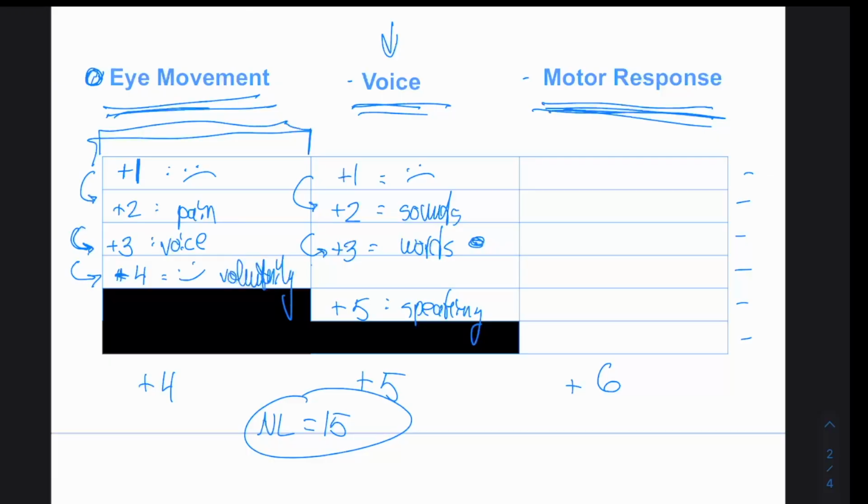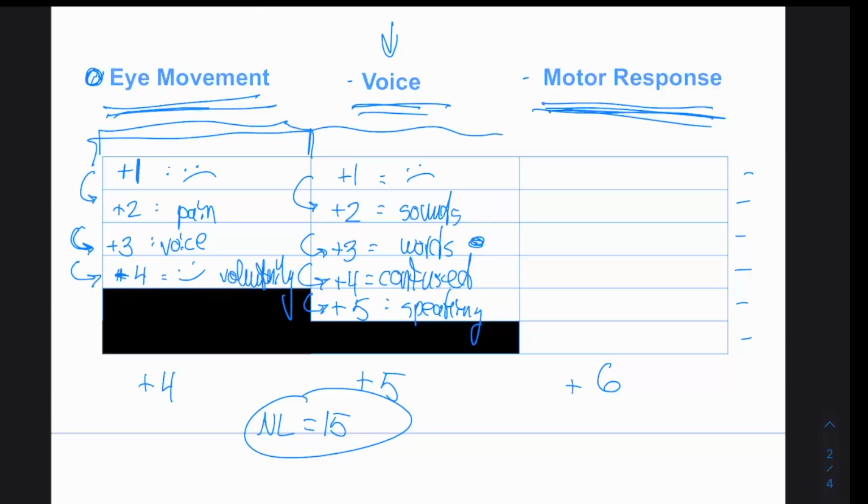So what's better than making words? Well, now you're speaking sentences, but it's confused. You're saying things that don't really pertain to the situation at hand, but you're speaking in complete sentences. And what's better than confused speech? Well, you're speaking clearly, concisely. People are able to understand you.